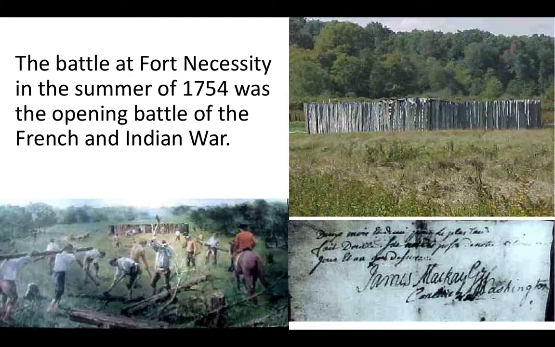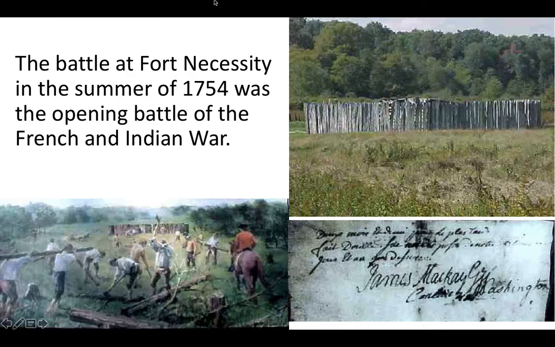So he surrendered to the French at Fort Necessity, and you can see this in the lower corner. This was the actual surrender papers, and there's George Washington's signature. His actual signature. That's a picture of the actual paper.